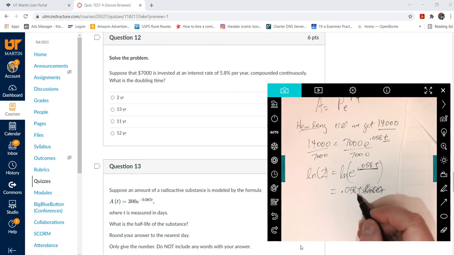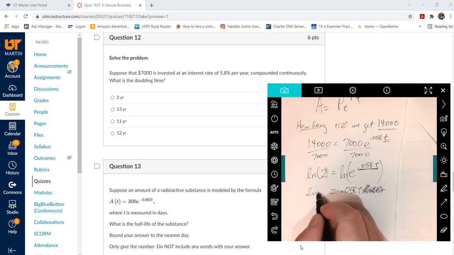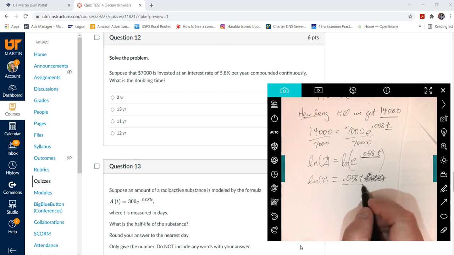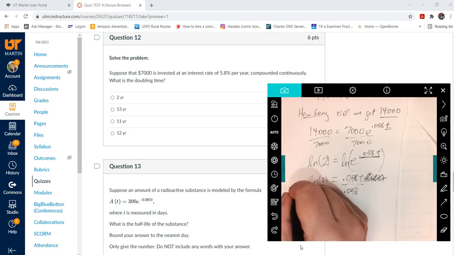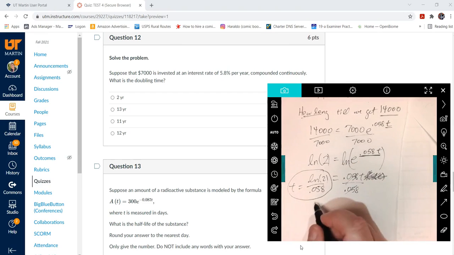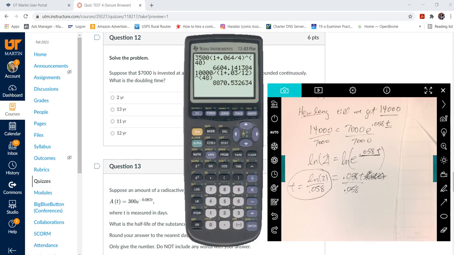So I have 0.058 times t times 1. And I need to solve for t, so I'm going to divide both sides by 0.058. So this is how many years it will take. That's my exact answer. To get my approximation, I'm going to do ln of 2 divided by 0.058.